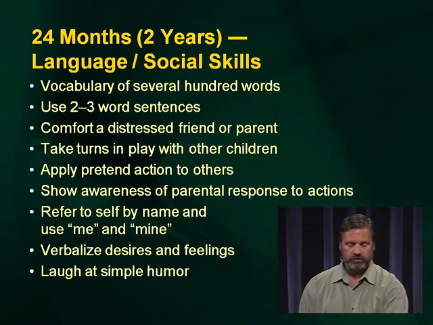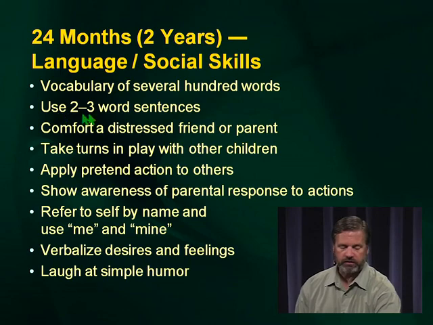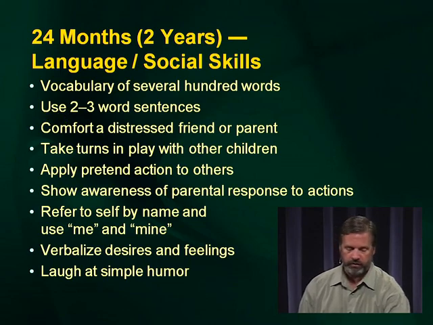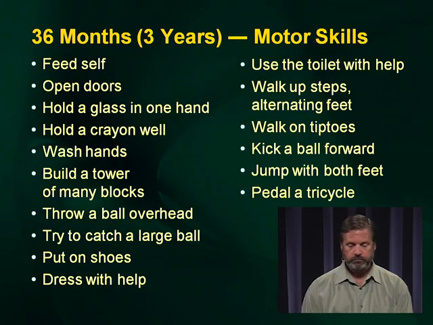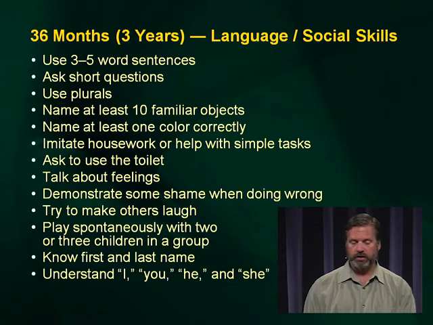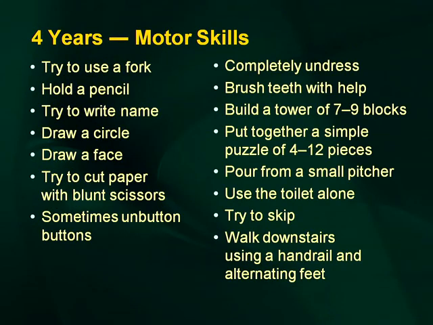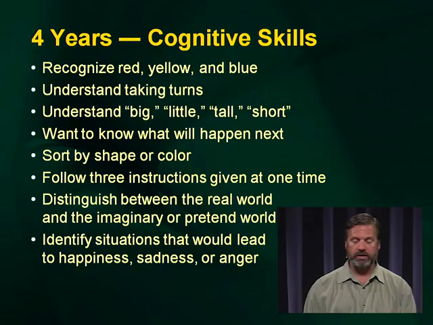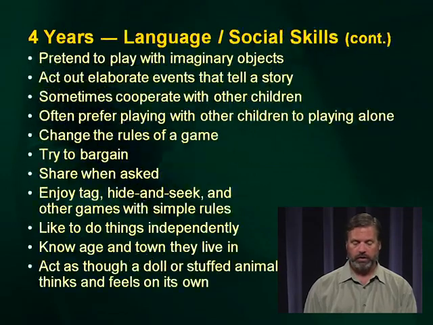Language and social skills, now we're using 2 to 3 word sentences, so we're able to put words together to make a sentence. 36 months, 3 years. And again, you get the drill now. You pick a few of these with each one, and you'll get to a point, hopefully, where you can name the age of that child. And again, that's the goal.